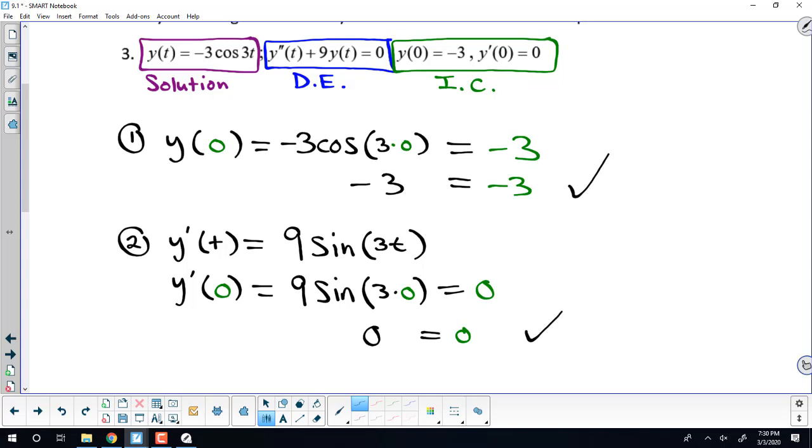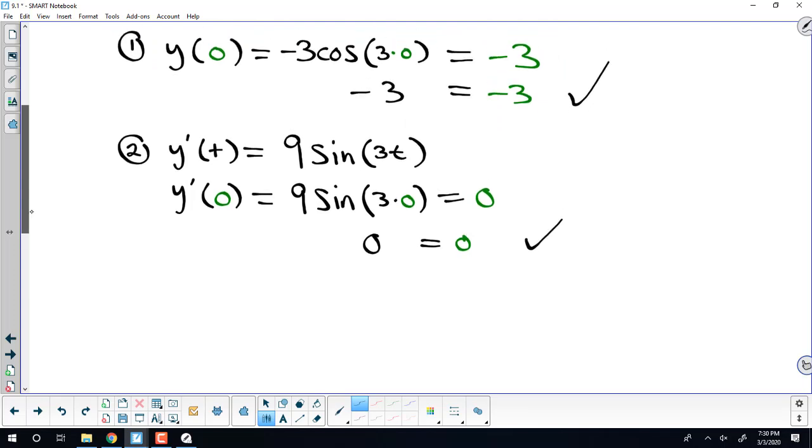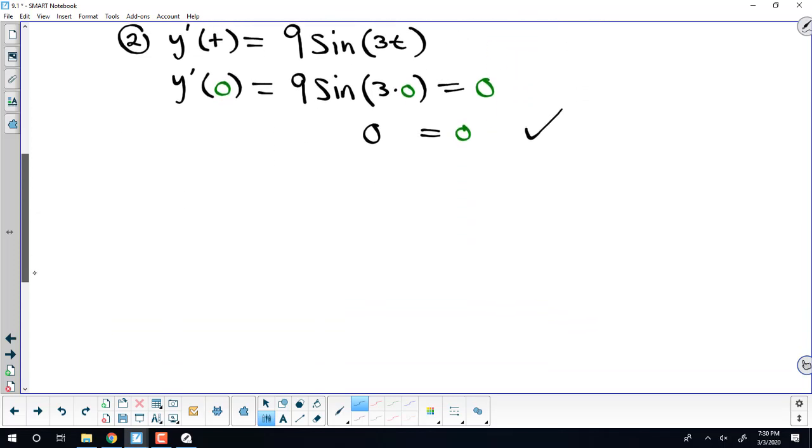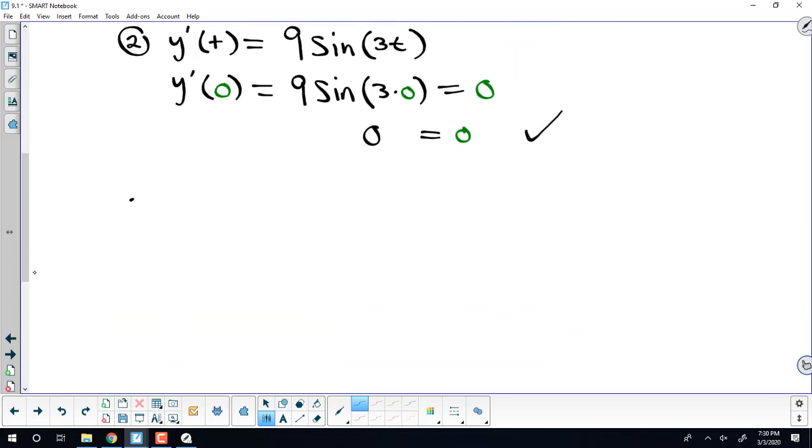To verify the differential equation, we're going to just do what we did in the first two examples. So with y double prime plus 9y. The third thing we need to look for, first of all, is the second derivative.